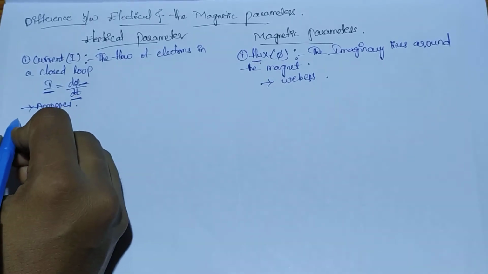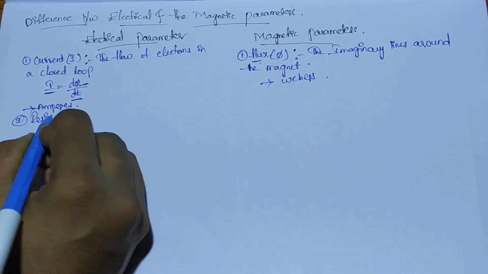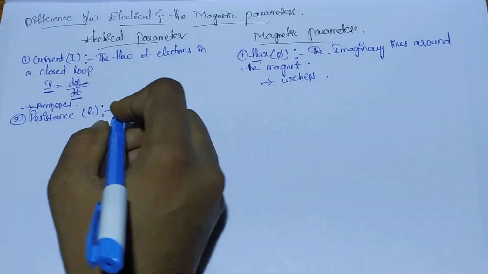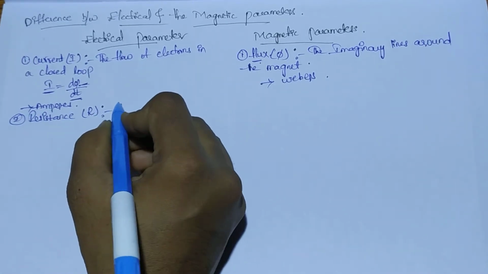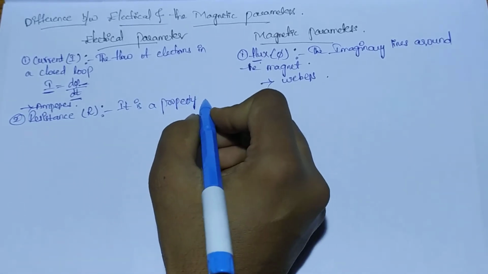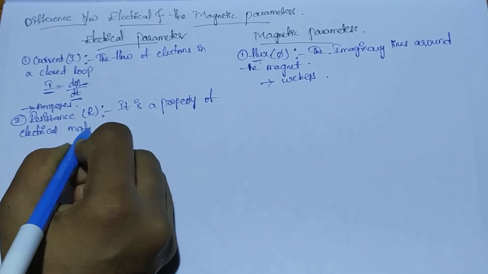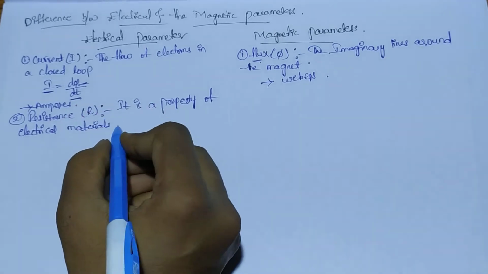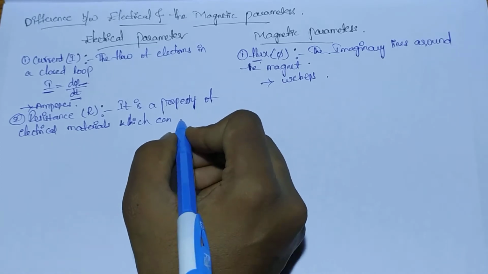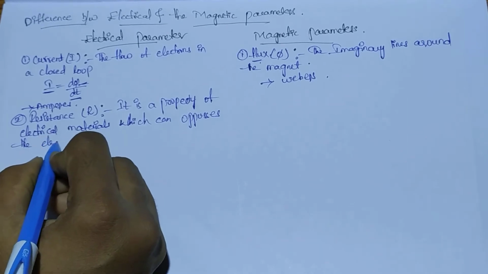Coming to the electrical parameters, the second element is resistance. Resistance is denoted with the letter capital R, and it is a property of electrical materials which opposes the electrical current.